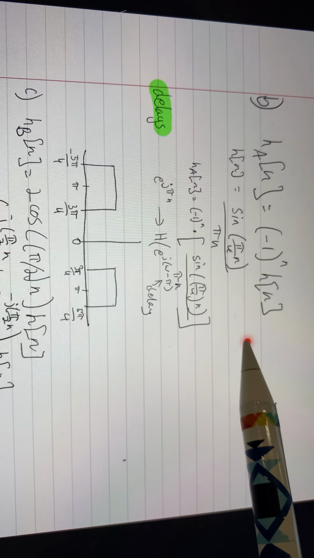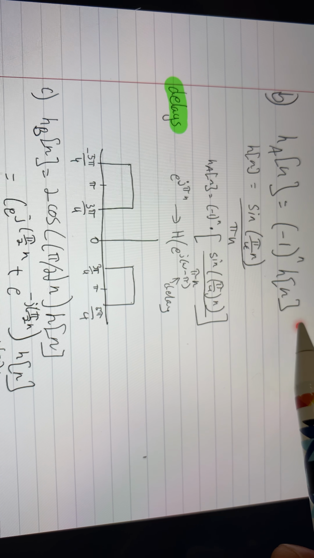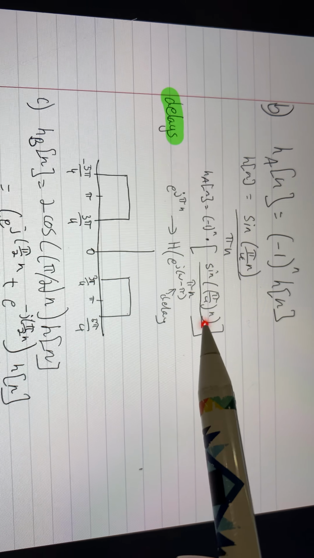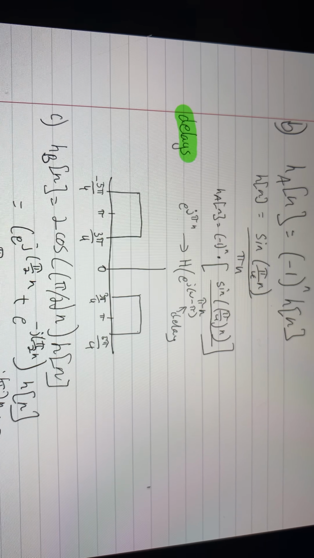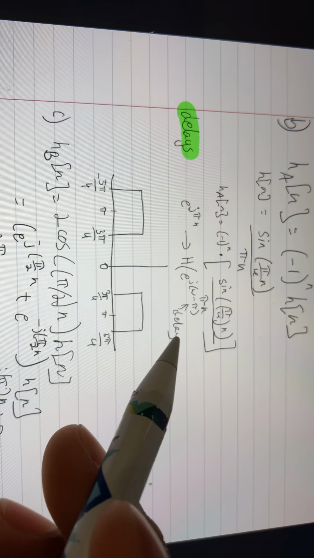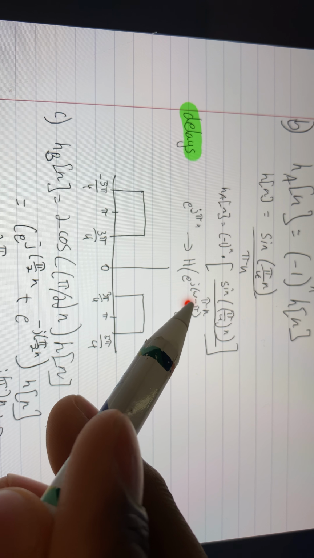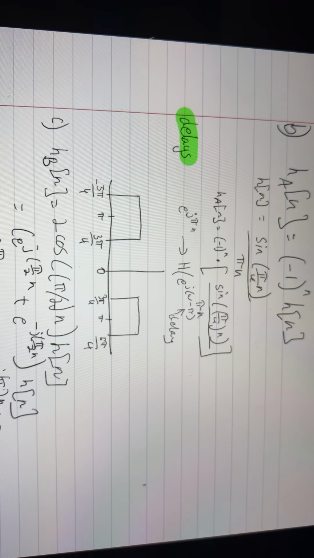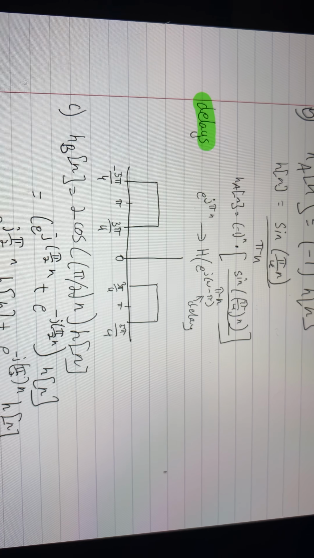H of n is the impulse response, which we got from part A. We plug it into our equation, and by converting it, we can easily understand that we have a delay, right? We have a delay of omega minus pi to the n. That creates a delay, like a shift in frequency.